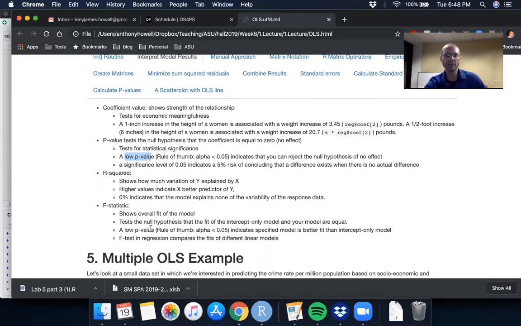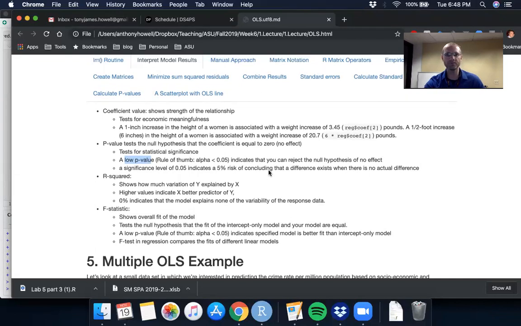So if we have a low p-value, again, alpha 0.05 or less, it indicates that the model that we're actually running is better than an intercept-only model. Okay, so we can use the F-test to see which variables we should include in the model. The higher the F-test, the better the model fit.